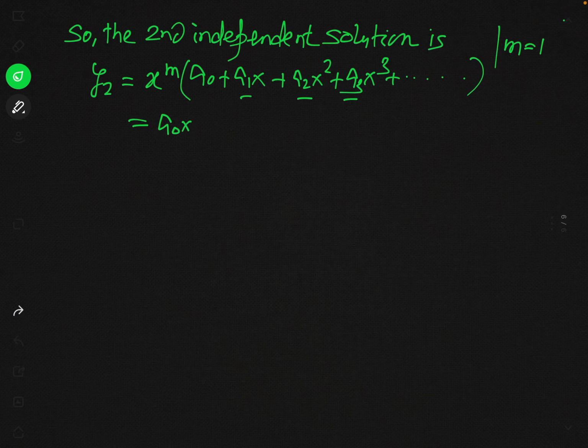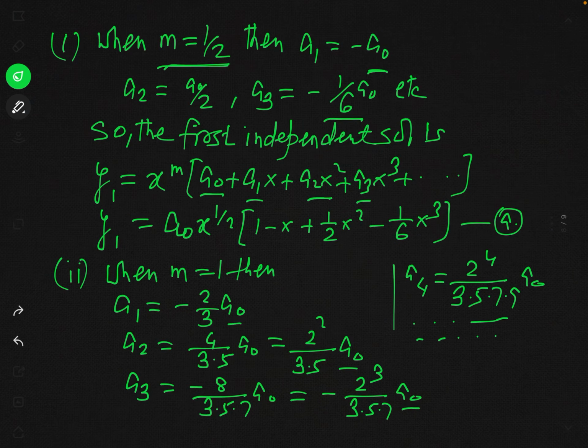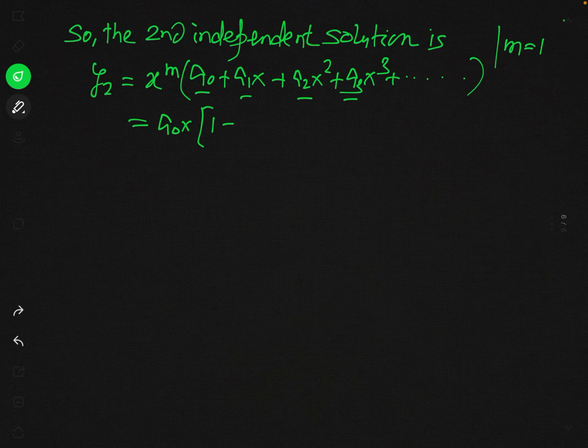So a naught into x to the power m, but m is 1, so this is x. And as we have taken a naught as a constant, the first term will be 1, and minus, you can see a1 is minus 2 by 3 a naught, and a naught is common, so this will be minus 2 by 3x.